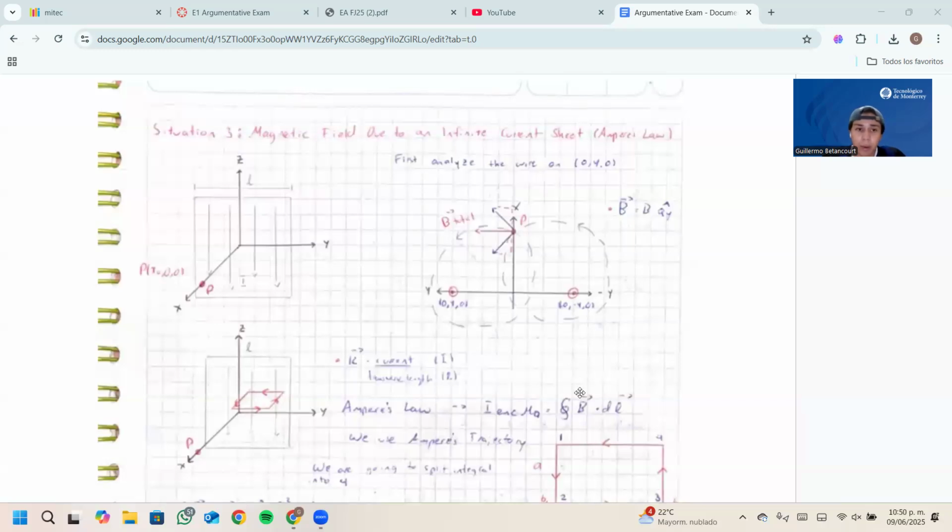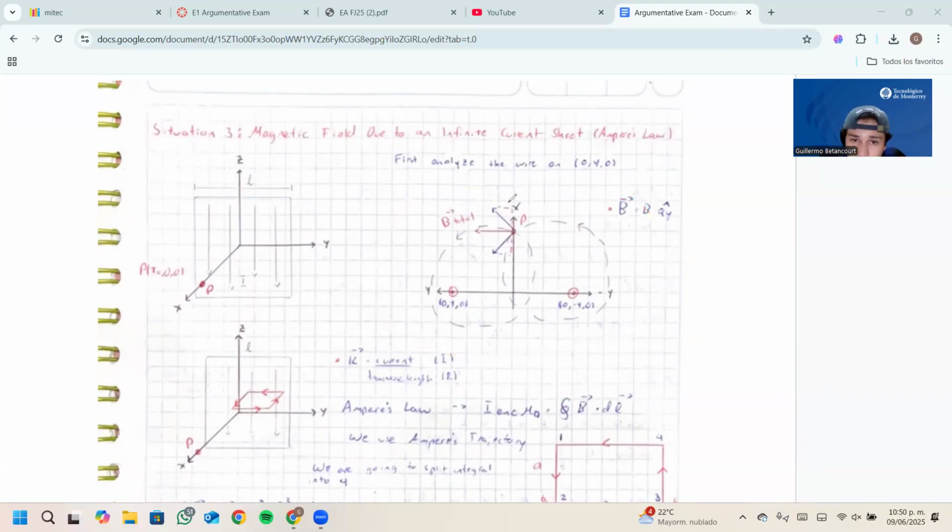Now from a top view, from this x, we have this graph where we can solve the two magnetic fields with their directions.